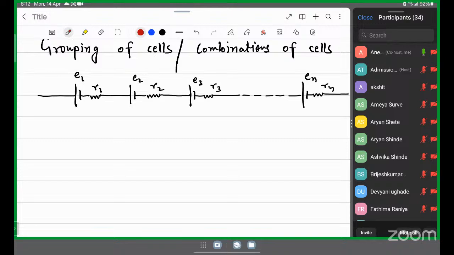So the first question will be, if you are connecting different cells in series combination, what will be the equivalent EMF? If you are looking for the equivalent potential or EMF of all of the cells together in series combination, E net will be summation of Ei, i starts from 1 to n, which implies that this will be E1 plus E2 plus E3 plus dash dash finally En.